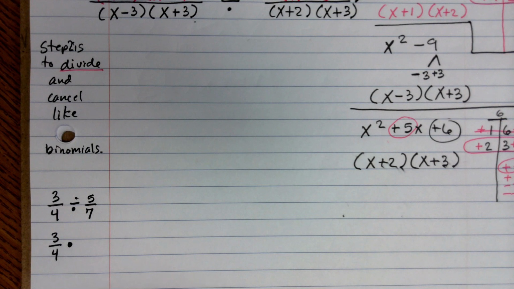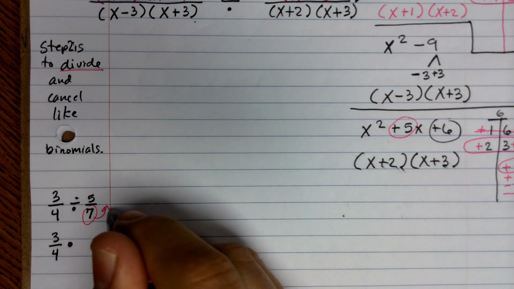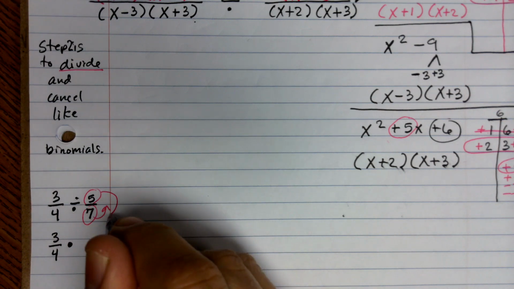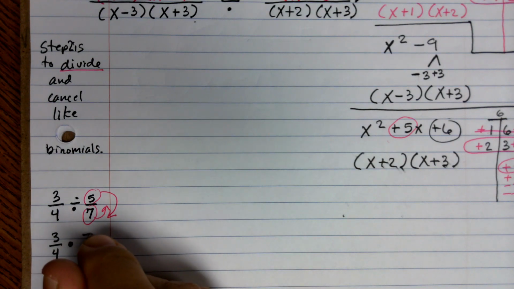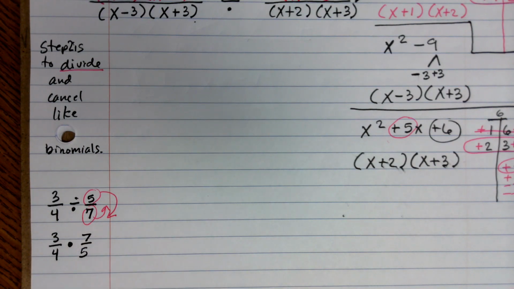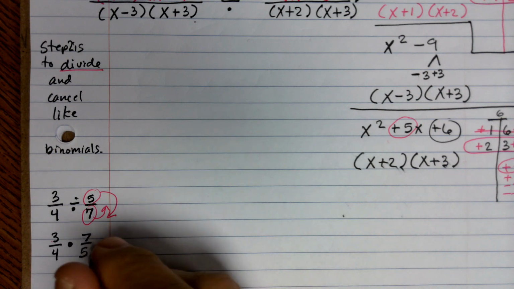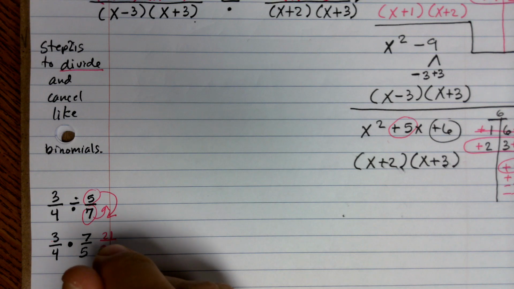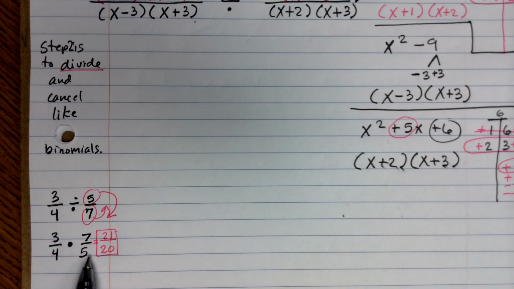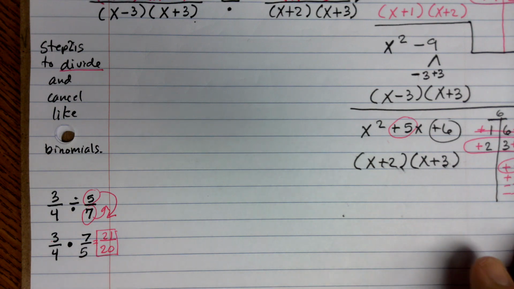In other words, you would take the 7 and move it up to the numerator, and you would take the 5 and move it down to the denominator, and this would become 7 over 5. And then you'd multiply it, and 3 times 7 gives you 21, and 4 times 5 gives you 20, and then this would be your answer. So when we flip these two numbers, the numerator and the denominator, so that we can complete that process of division, we call that the reciprocal.